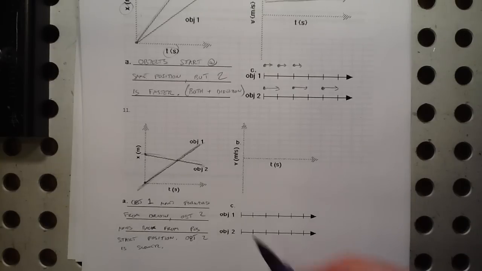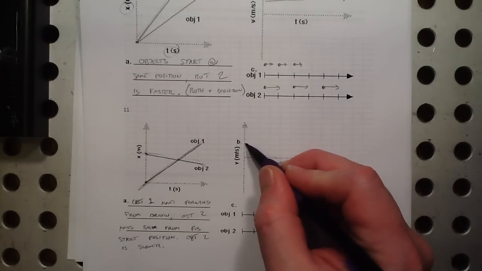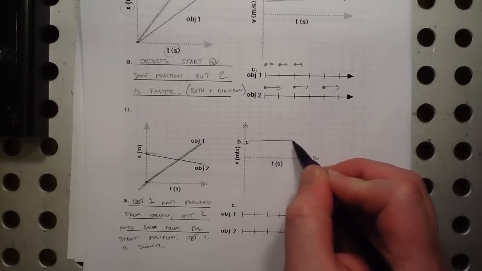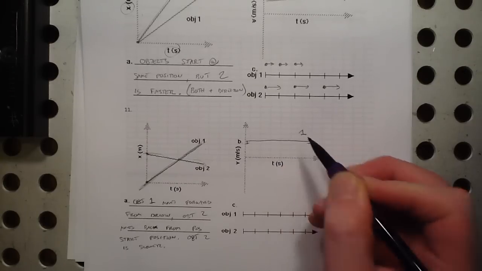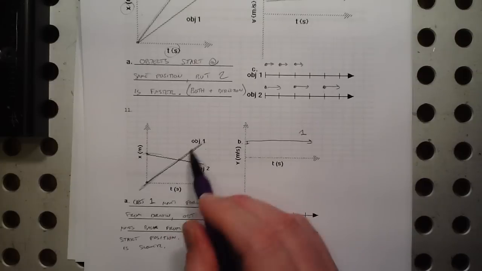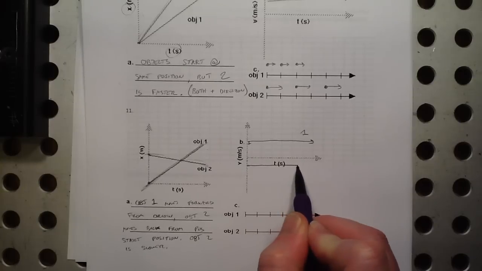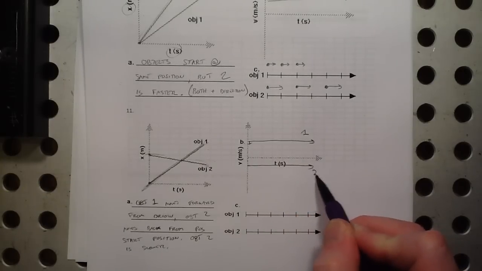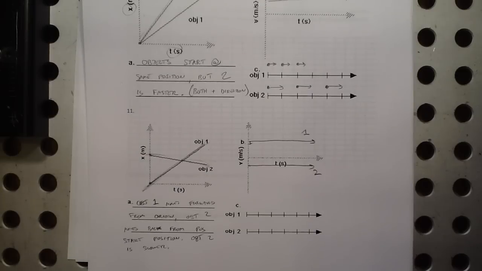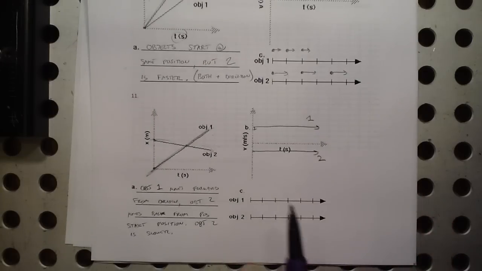Something like that. So object 1 has a positive constant velocity. Object 2 has a negative constant velocity, but it's not going as fast, so it should be closer to 0, right? Its magnitude should be smaller. So something like that.